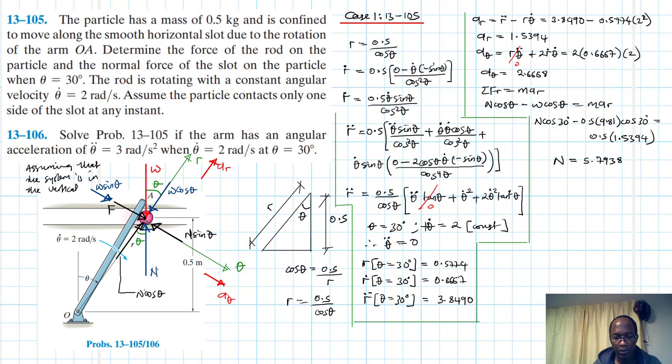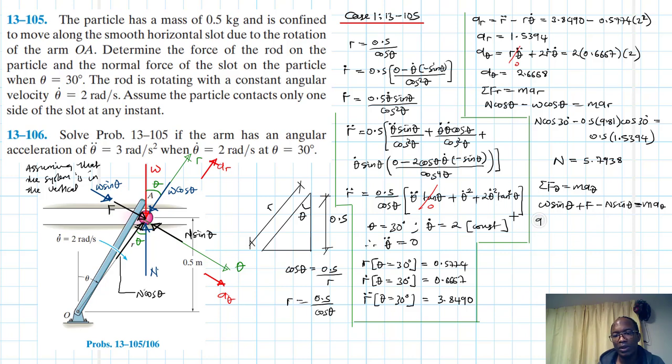Let me check it once more again. Okay. It's 5.7938. Then we have summation of forces in the theta direction equal to m a_theta. We do have W sine theta plus F minus N sine theta is equal to m a_theta.